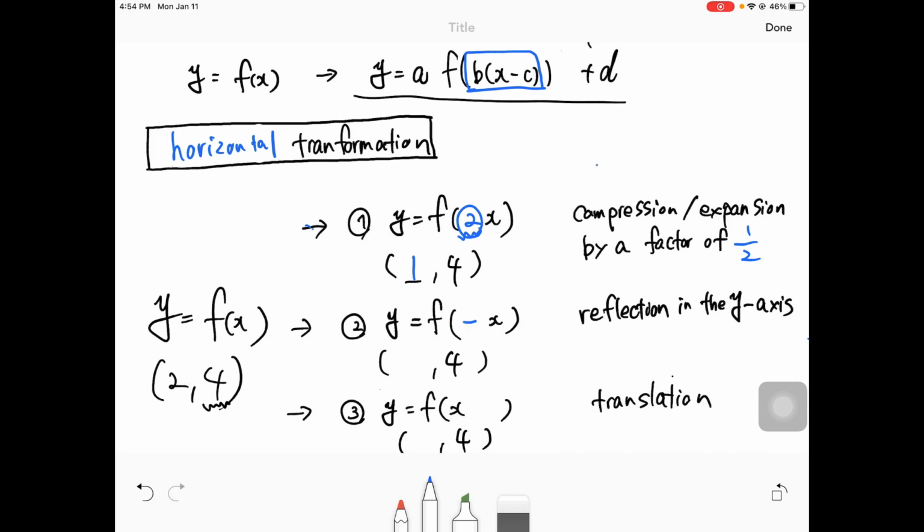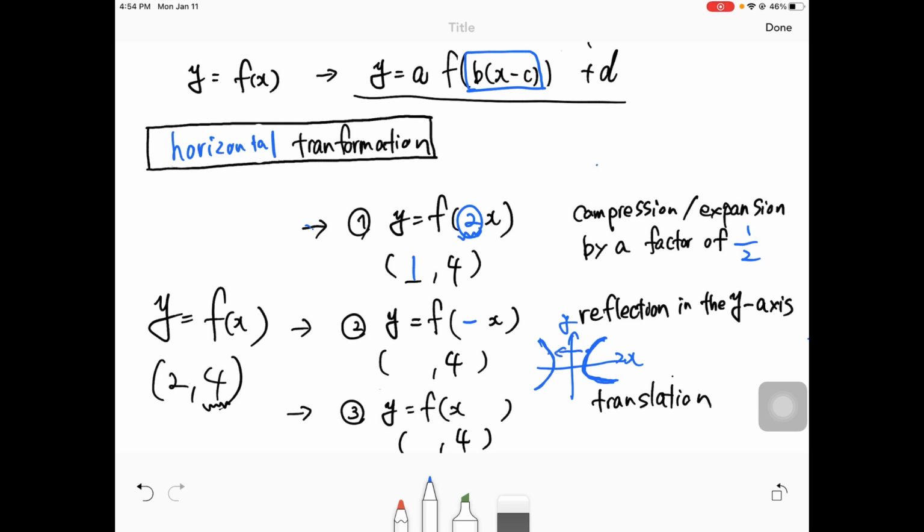The next one, if there's a negative value multiplies x, this means reflection in the y-axis. This means if there is a function like this, it's not function, if there's a relation here, reflection in the y-axis means like this.